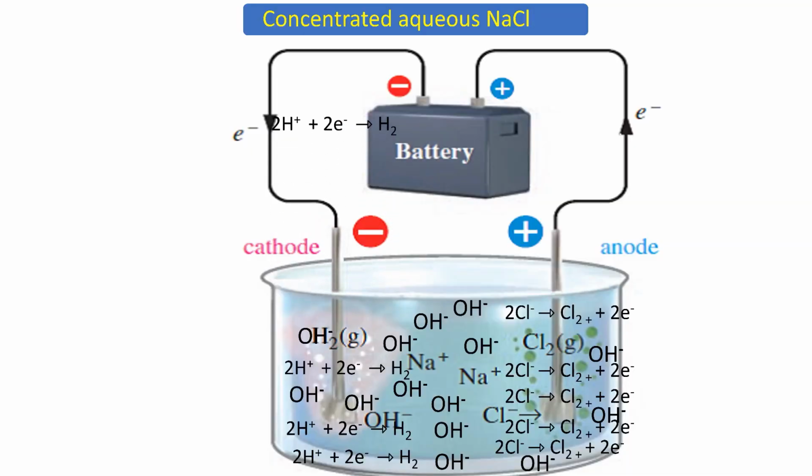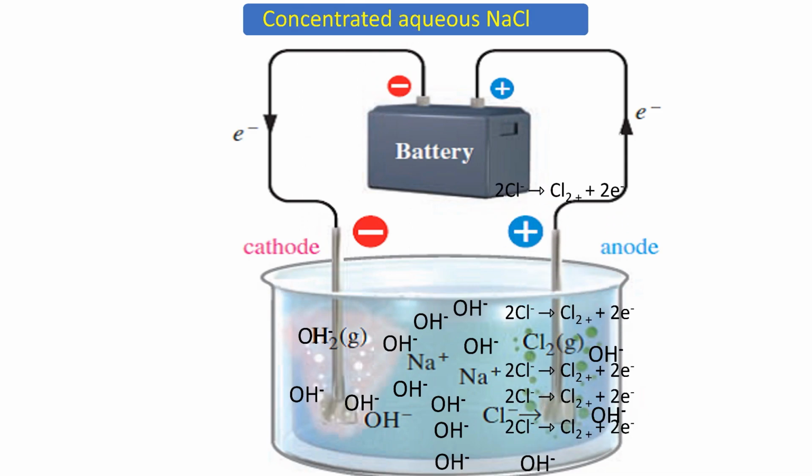Here's the interesting thing about the pH of concentrated sodium chloride. As you see here, the hydrogen ions are removed at the cathode as hydrogen gas, but OH ions remain there because chloride ions are being removed. So hydrogen ions are removed, OH ions remain, and the solution gradually turns alkaline.